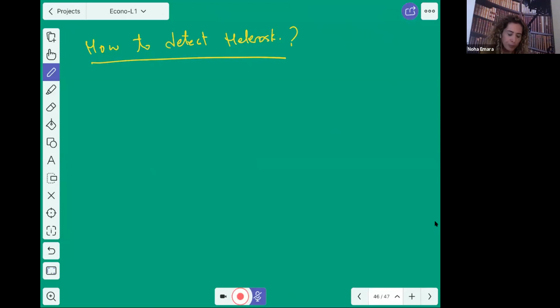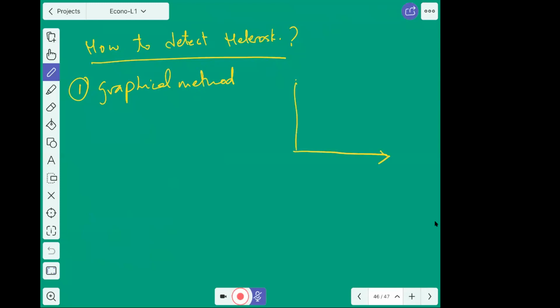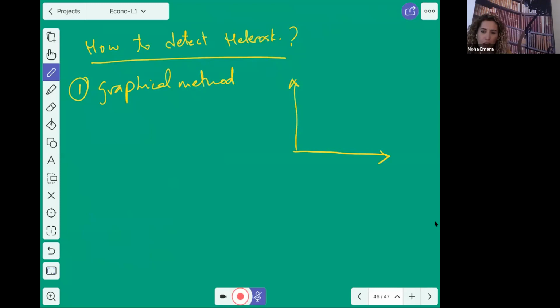A graphical method is an easy thing to do. What you need to do is take each and every X you have, and graph it.